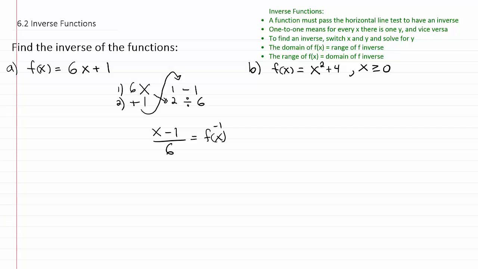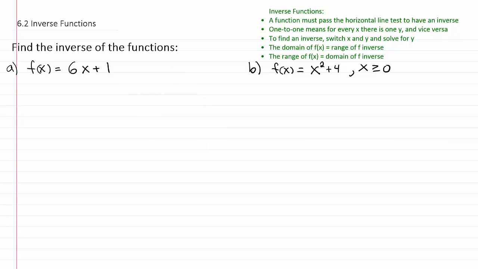Now, to show that, we could do f of g and g of f. In other words, to show that if you do the composite functions, they give you x. You could also show it by performing what I described here in this third bullet point, which is to find an inverse, switch x and y, and solve for y. So let's go ahead and do that and see if we get the same answer I got before.